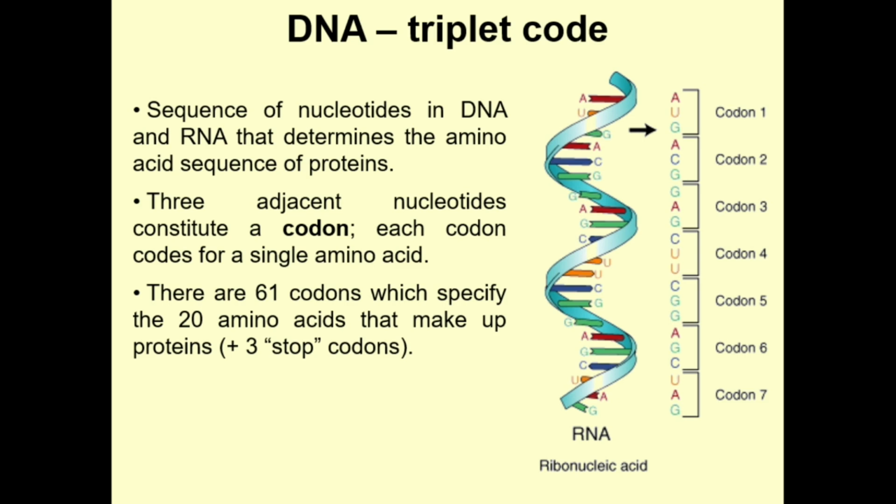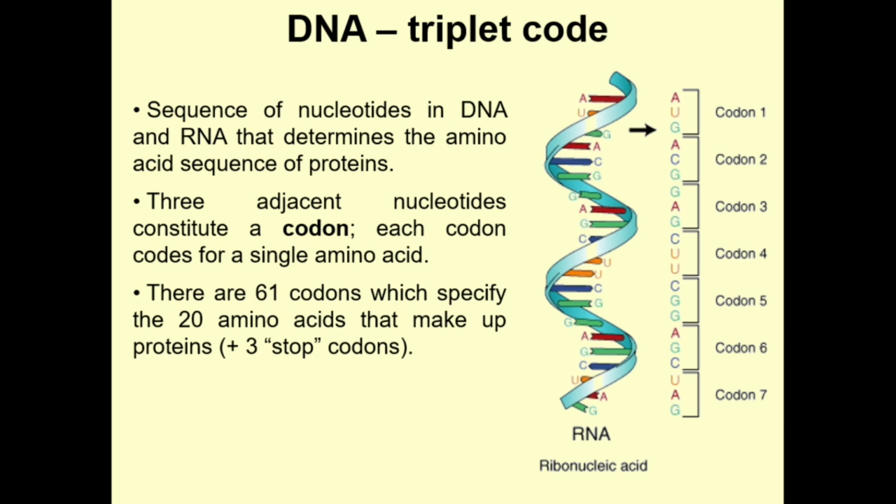What we tend to find, and if you're particularly good at maths you would have worked this out already, is that I mentioned just now that there are 20 amino acids that make up our proteins. But when we look at the fact that we have 4 different nucleotides, you can arrange those into 64 different codons.